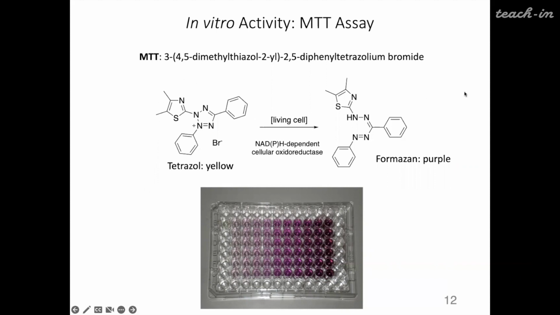this tetrazole compound is used, which can be reduced to a formazine compound in a living cell. So if we measure toxicity to cells, for example, then we can use this type of assay.